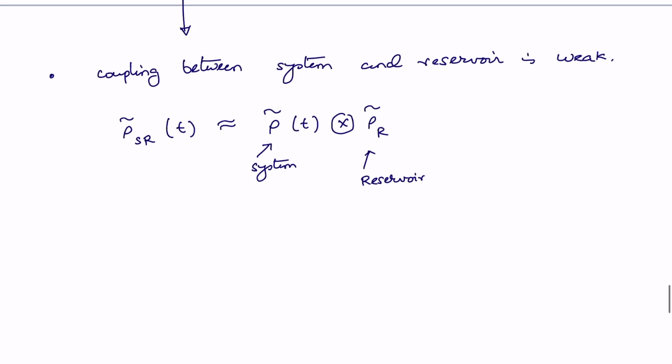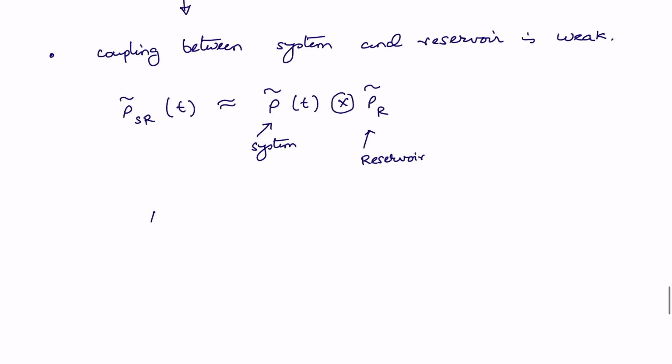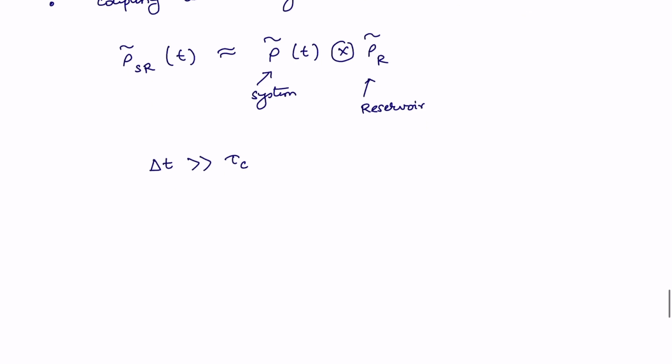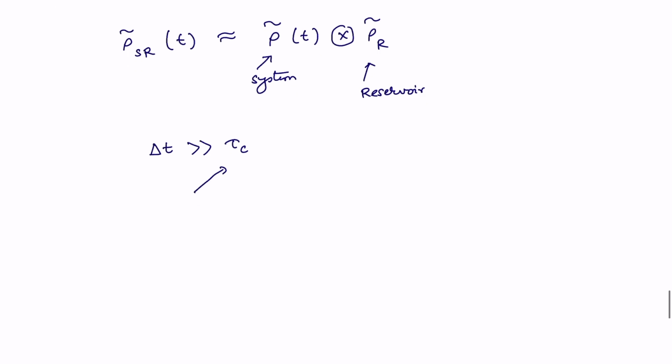Also, this time delta t is much larger compared to the correlation time between the system and the reservoir. Here tau c is the correlation time between the system and the reservoir.